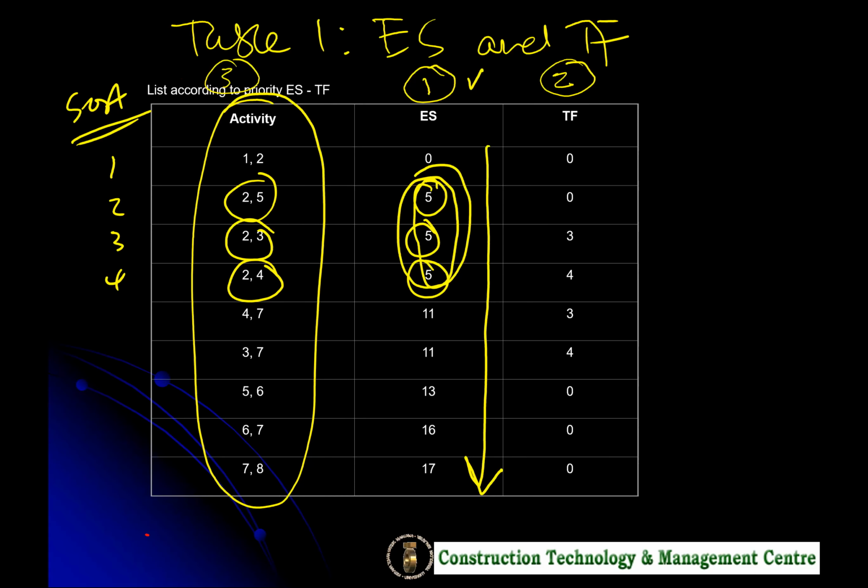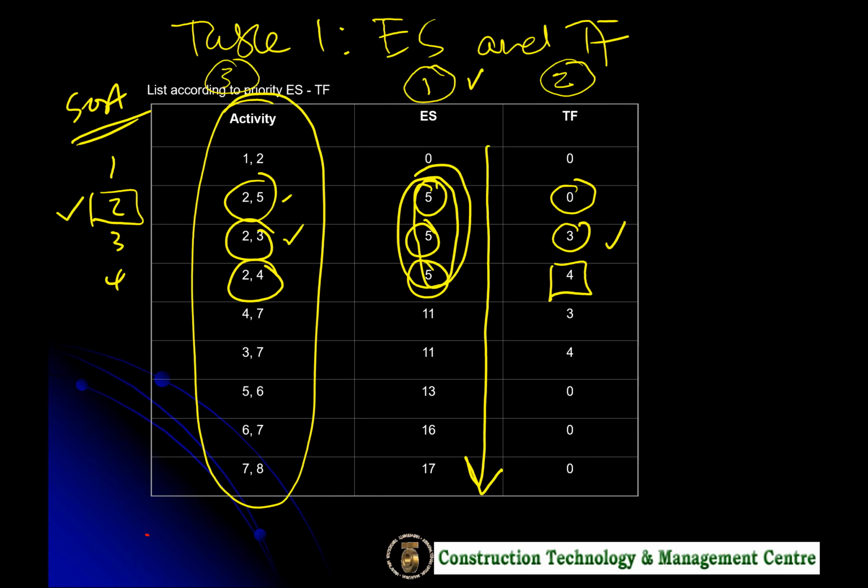If you do this manually, now we are learning to do this manually, later on in the computer there will be a different story. You notice this activity, 2, 5, has the least total float, 0. So that's why this item will be prioritized as number 2. Then this item here has total float 3 compared to this one, which is 4.